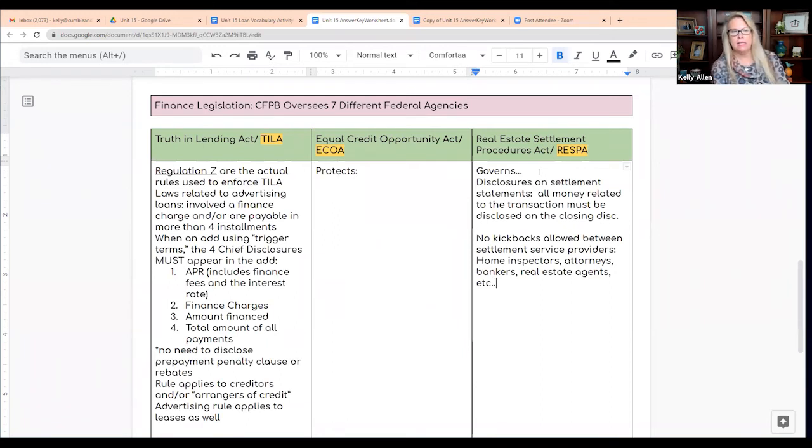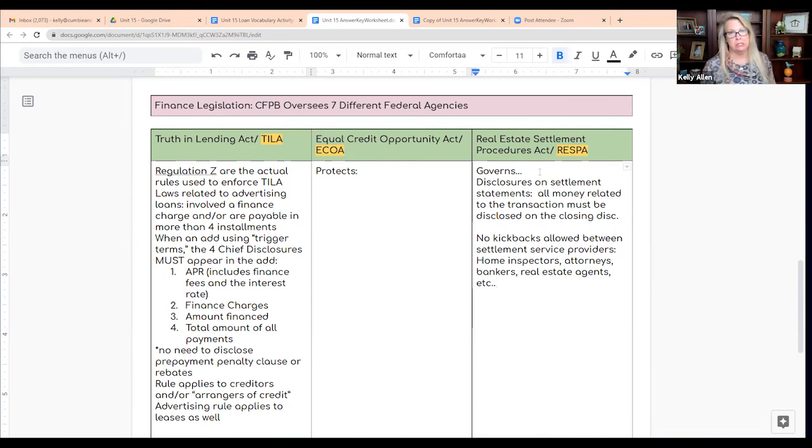Let's say that a whole bunch of my clientele happen to use one particular home inspector. That home inspector can't cut me a deal and say, hey, Kelly, for every buyer you send my way who buys a home inspection from me, I will kick you back $20 as a thank you.